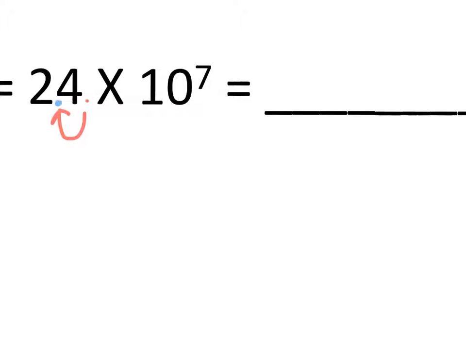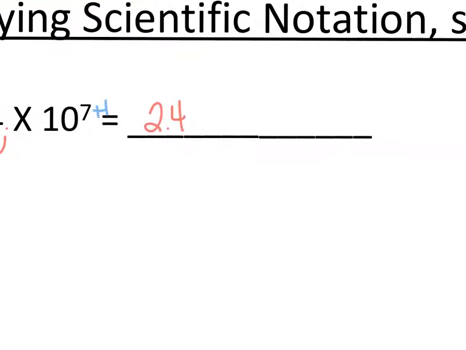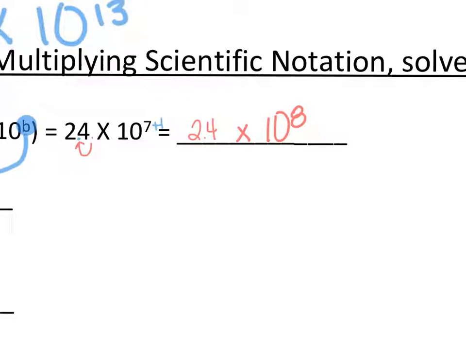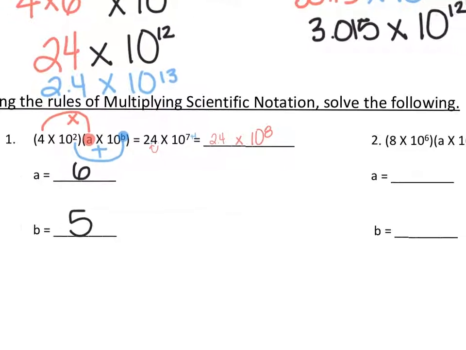Since I went left 1, I have to do what over here? I have to go up 1. Very good. So I'm going to add 1 to there. So my final answer looks like 2.4 times 10 to the 8th. Okay.